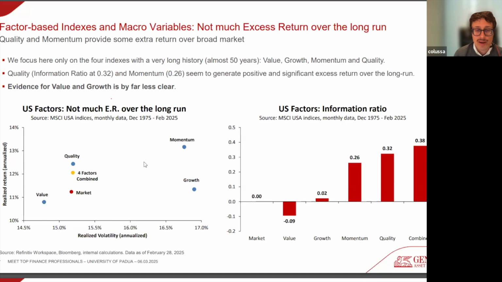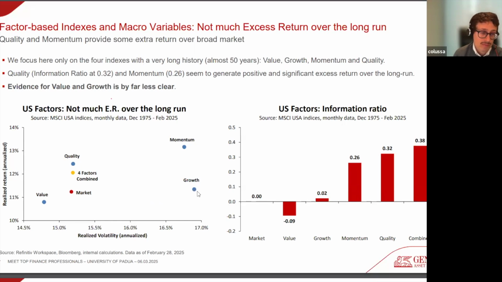Momentum also is quite elevated in terms of excess return, but this comes also with higher volatility compared to the market. This is very consistent with what we said in the previous table. If we look at value and growth, basically both show more or less the same performance as the market, especially growth versus the market, but you see that volatility is much higher.